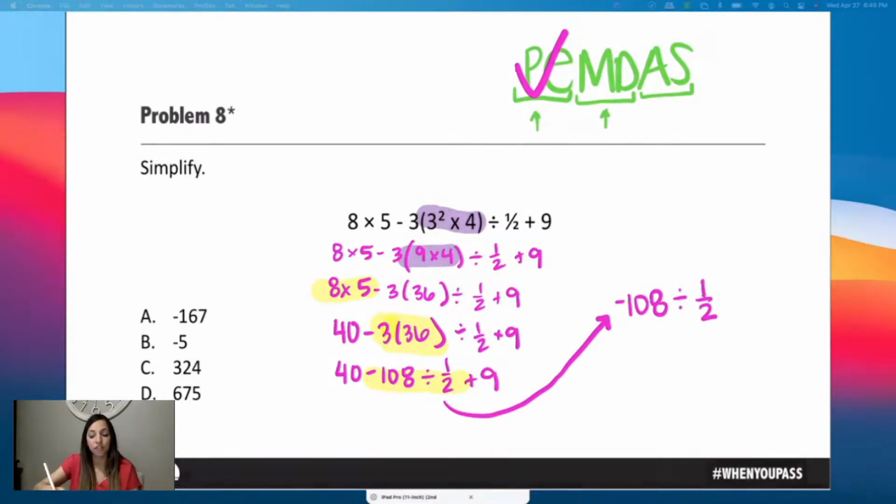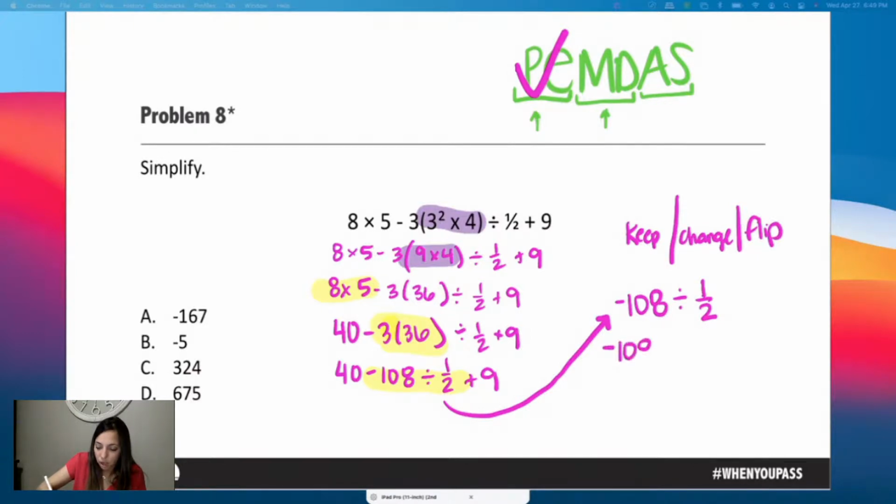And because that's a fraction, I'm going to keep, change, flip. So keep the number, change the symbol, flip the fraction. So 108 times 2.